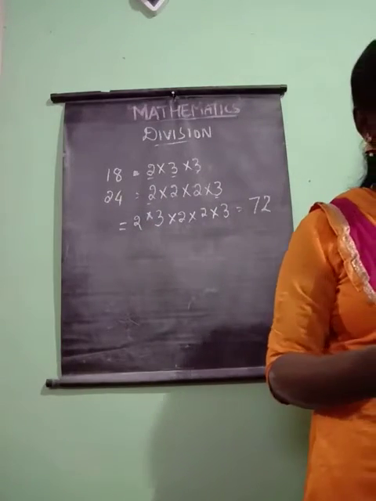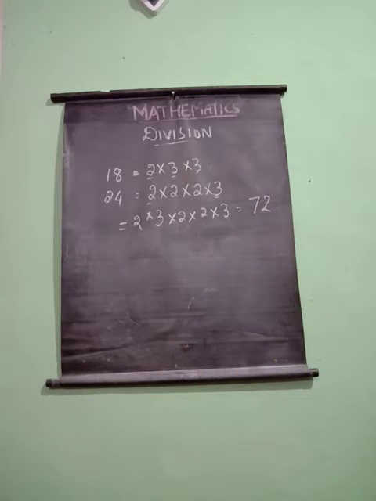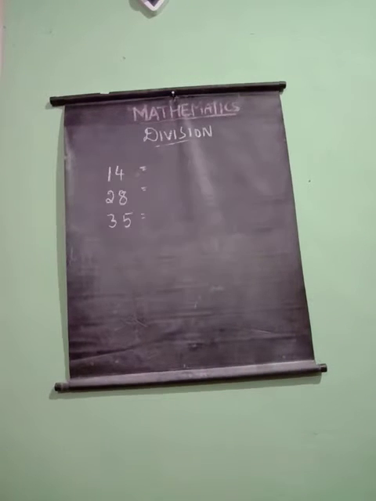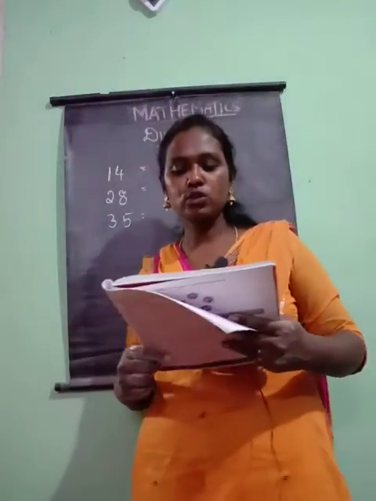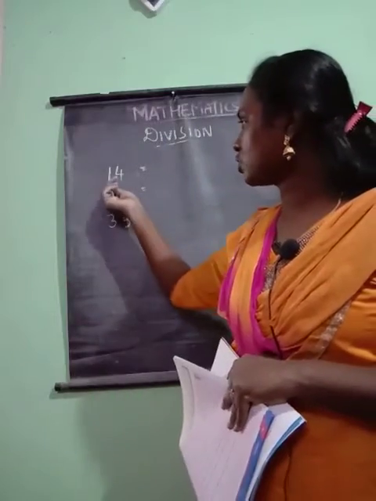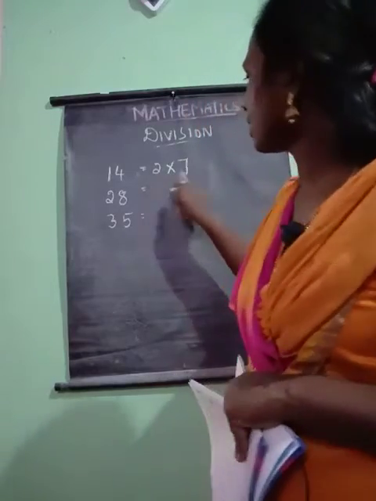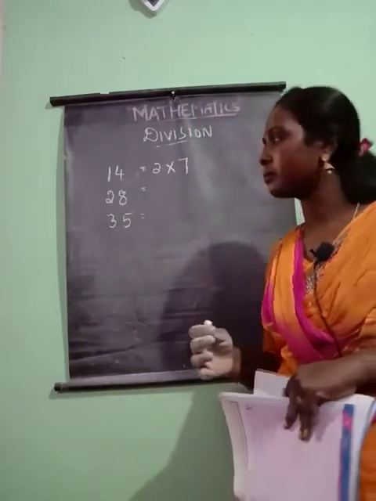Let us solve our last sum. Let us see how we have to solve for three numbers. Okay. So the prime factorization of 14 is 2 into 7, where 7 and 2 are prime numbers.